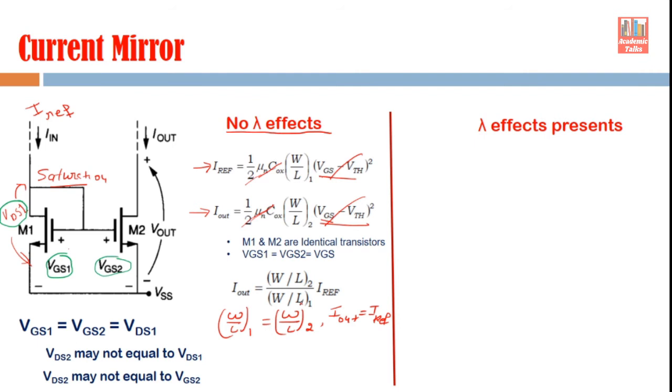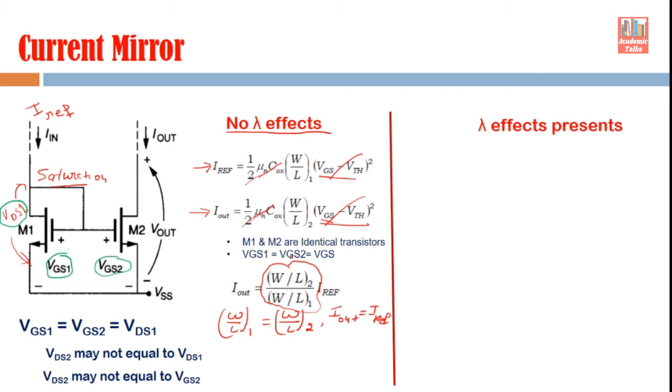If you want I out to be a multiple of I in, suppose you want I out to be 2 times I in, then W by L of the second transistor should be 2 times the W by L of the first transistor. So just by deciding the W by L ratio of these two transistors M1 and M2, you can decide whether output current is going to be equal to the input current, or a multiple of the input current.